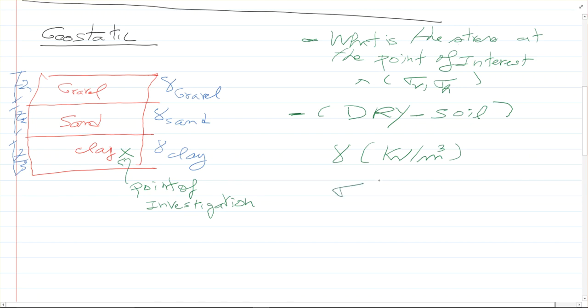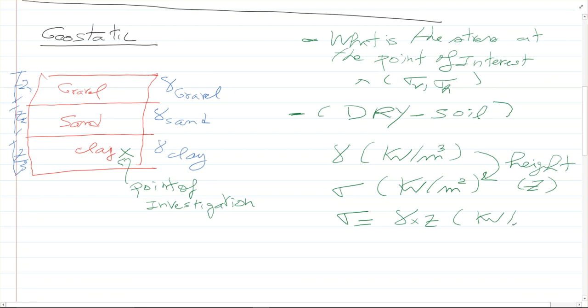At the same time, the stress is kilonewton per meter squared, so it's the force per unit area. The difference between a unit volume and a unit area is one dimension, which in our case is the height, z. So I could say that sigma equals gamma times z. That will leave me with kilonewton per meter squared.